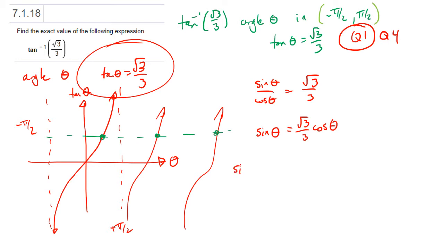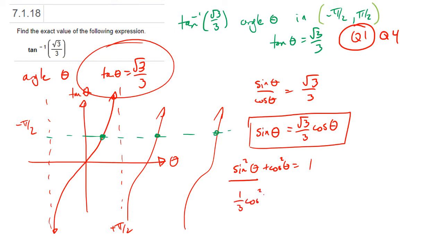And now I can use sine squared theta plus cosine squared theta equals 1. That's a standard trigonometric identity. But instead of sine squared, I'm going to square this, so this is 1/3 cos squared theta plus cos squared theta equals 1. When you square √3/3, you get 3/9, or 1/3.